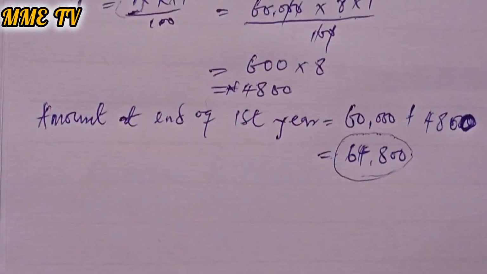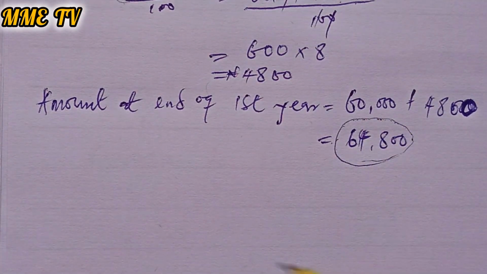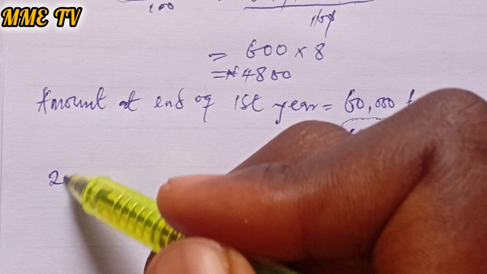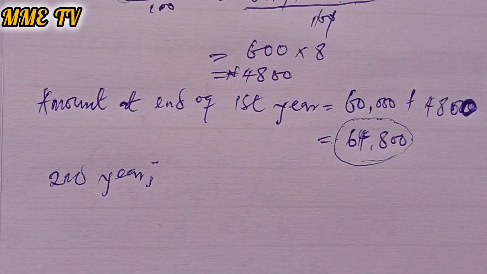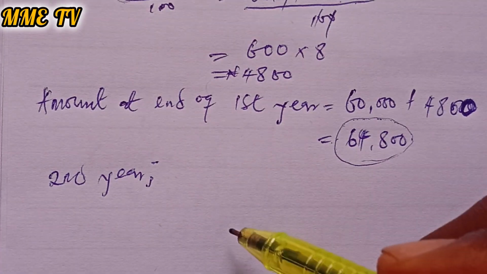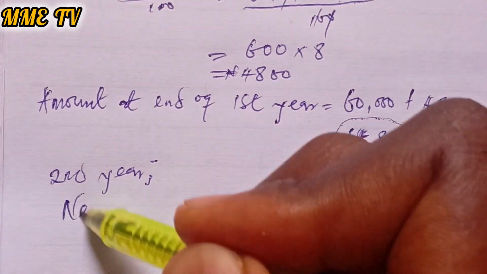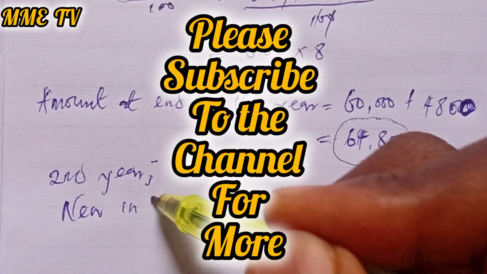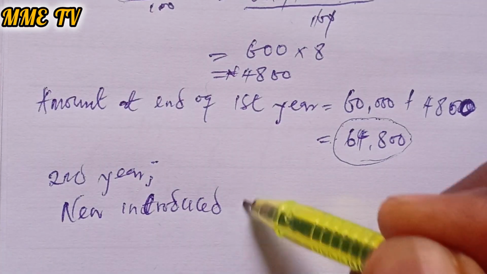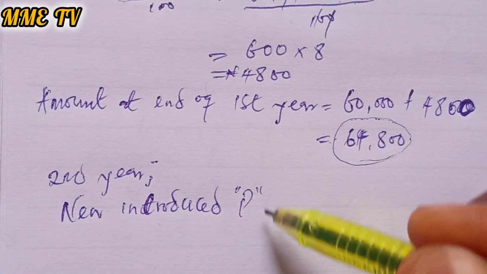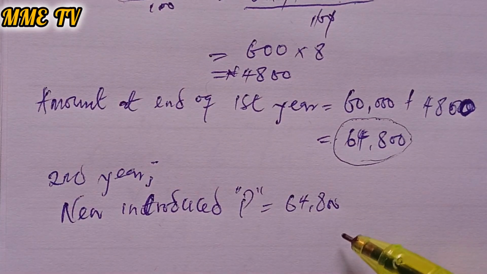Then if I'm now going further, I will say, therefore, on my second year, the principal for solving this, just as I've already said, the new introduced principal, that is P, is equal to 64,800, right?